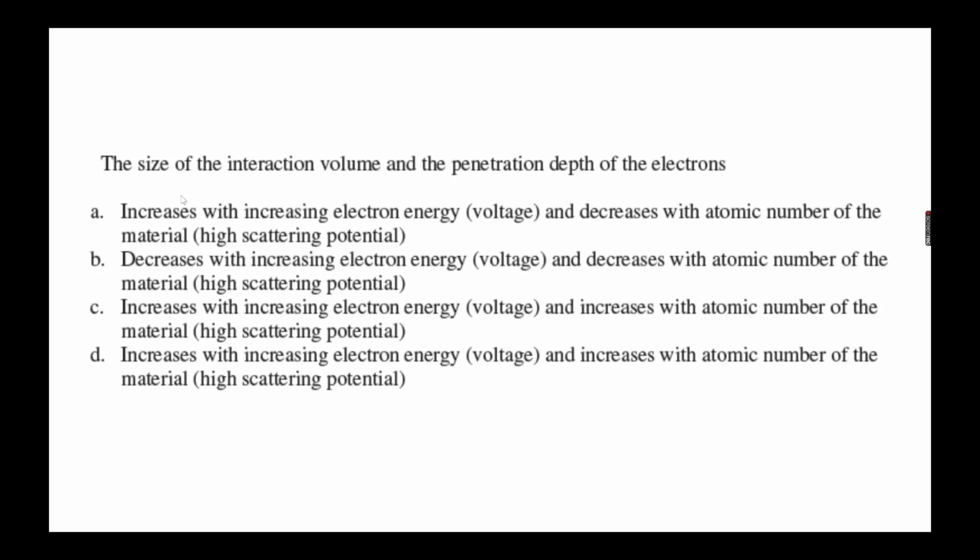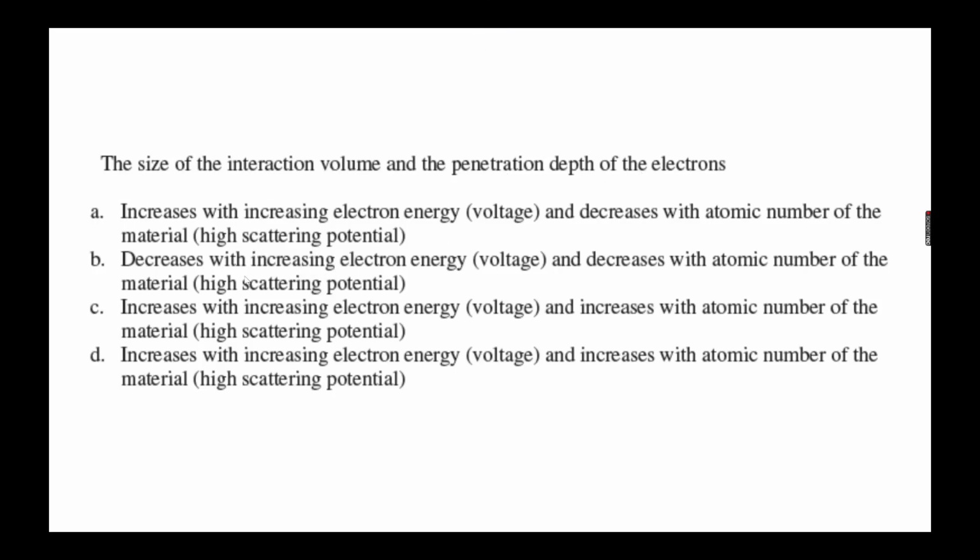So let's start. This is probably from the interaction volume. This question is also because the first lecture this week covered Monte Carlo simulations of what happens when the electron interacts with the specimen. The question asks about the size of the interaction volume and the penetration depth of the electron.